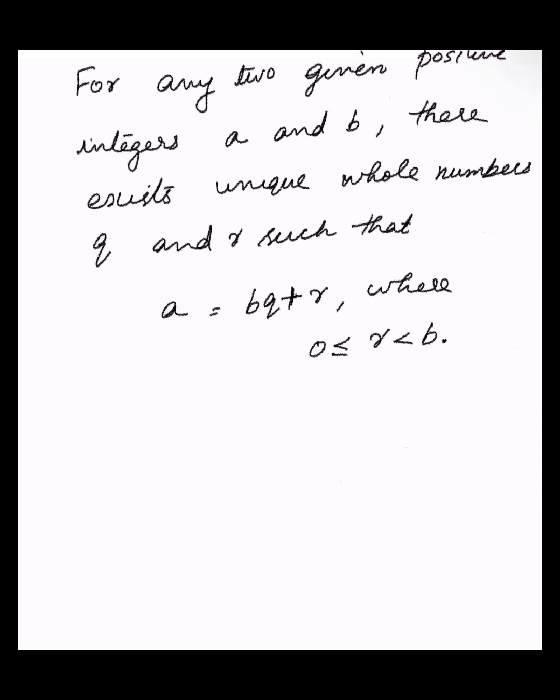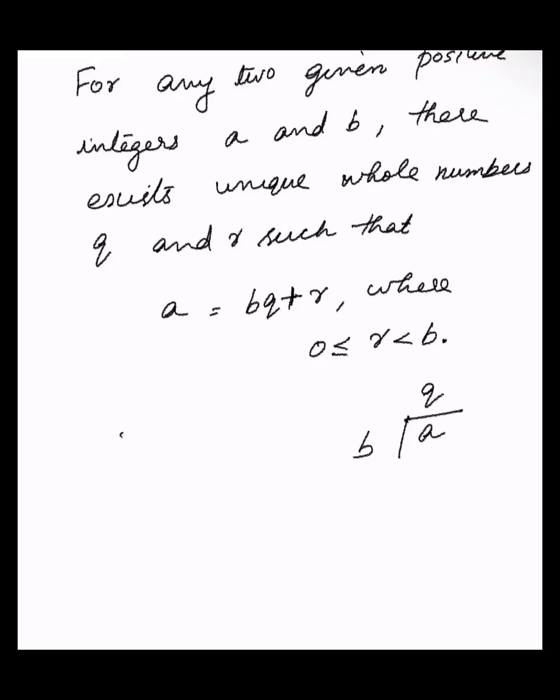This is the definition for any two given positive integers. What are the positive integers? a and b. There exist unique whole numbers. So when you divide a dividend by a divisor, you get a whole number as quotient. Is that unique?